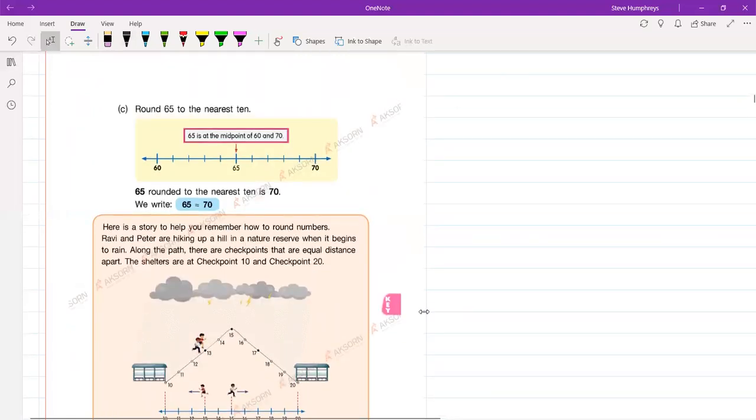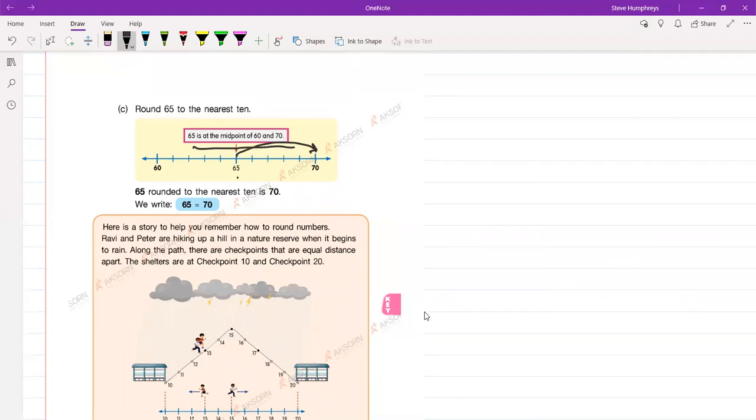Okay, C. Let's have a look at this one. Round 65 to the nearest 10. Well, it's halfway, isn't it? 65 is at the midpoint of 60 and 70. If your last digit is 5 or more, you round it up to the nearest 10.